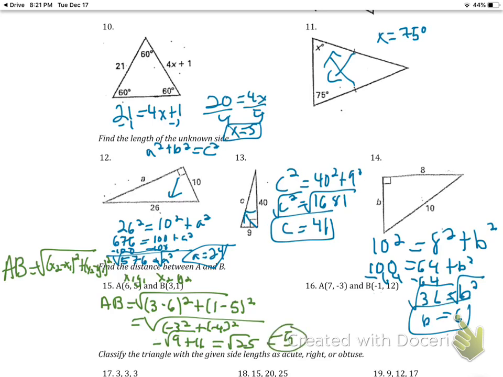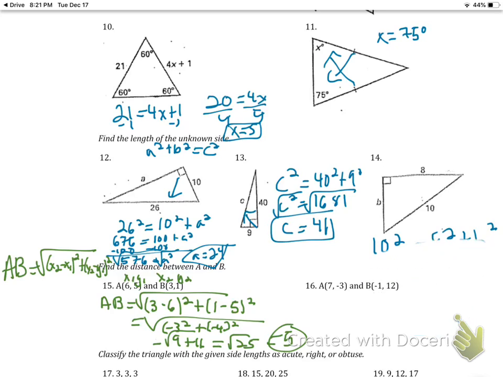I'm going to erase my math from the last problem over here, so that way I have some space. We're going to do the same thing again. x1, y1, x2, y2 brings me to x2, negative 1 minus x1, or 7 squared plus y2, 12 minus y1, 3 squared.